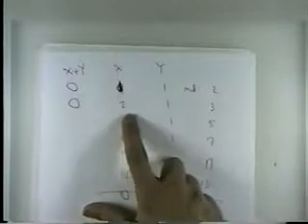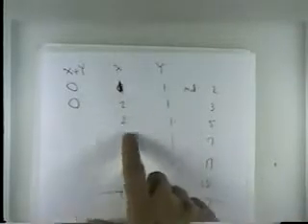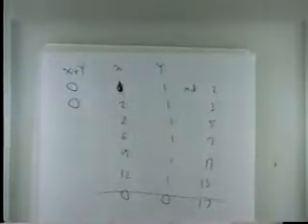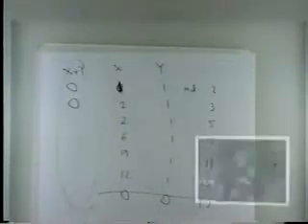My claim here is that by adding these things together, I can basically add together the residues. And that is the same as adding together the numbers. Any questions about that?